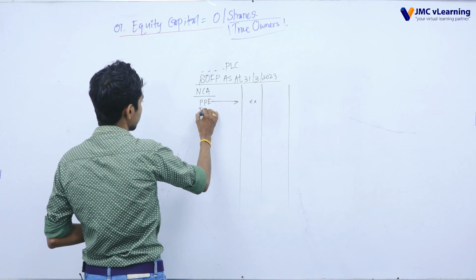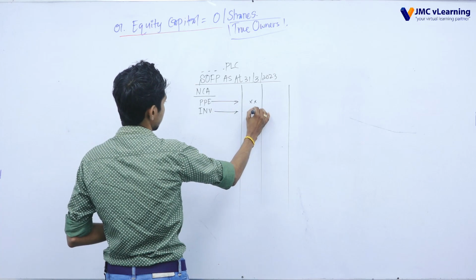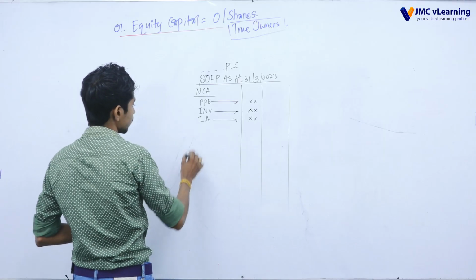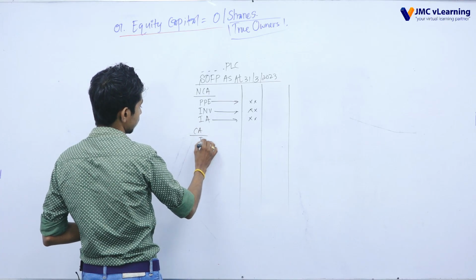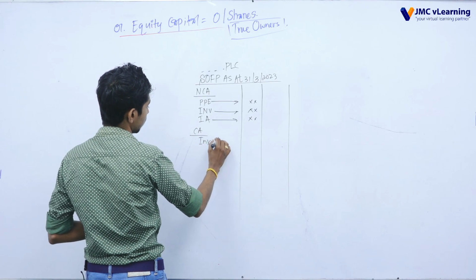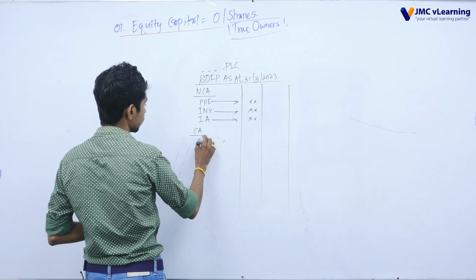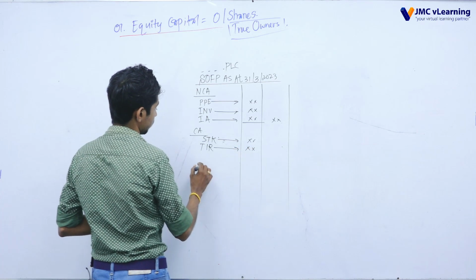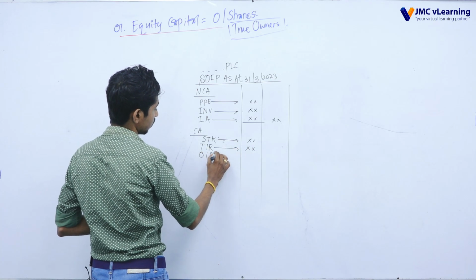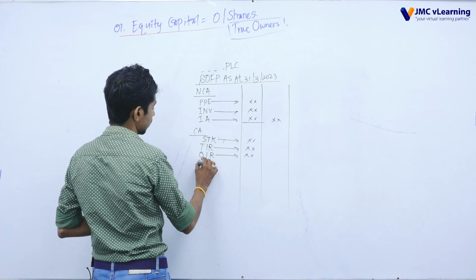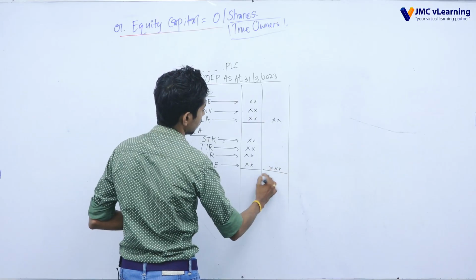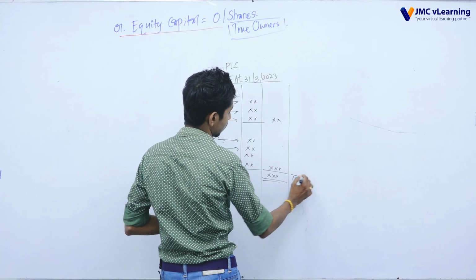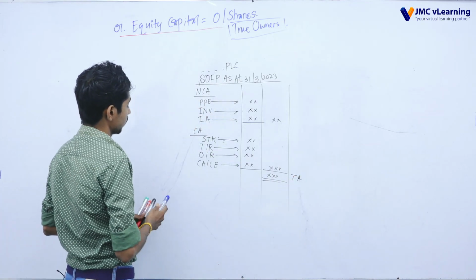Then investment. Then intangible assets. Thereafter current assets: inventory, normally we can say the stocks, no. Then trade receivable, other receivable, cash and cash equivalents. Then you can take the total assets.